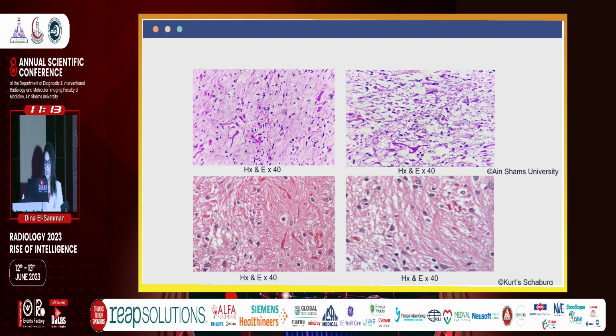Okay, on H&E, and on higher power we find what we were expecting or looking for, those nice elongated pink structures. We call them the Rosenthal fibers, and those rounded beautiful pink ones that we call the EGBs, eosinophilic granular bodies.